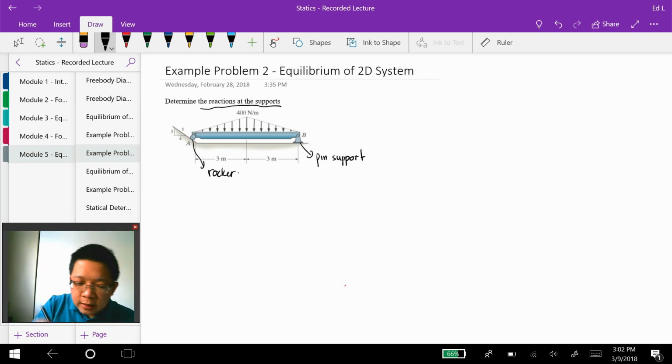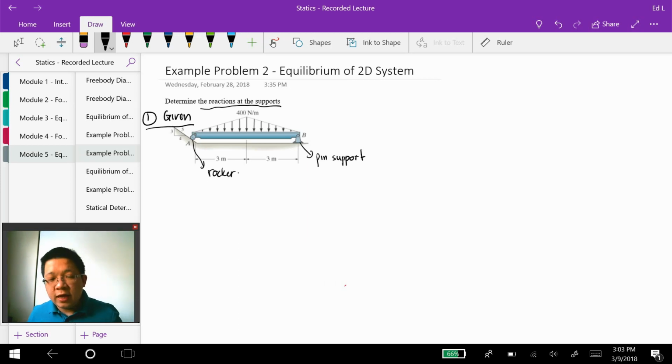Similar to other problems, the first step that we take to solve engineering problems most of the time is to draw the free body diagram. So let's start drawing the free body diagram.